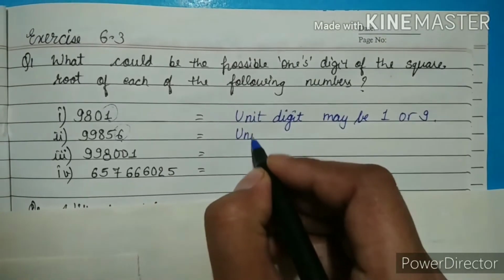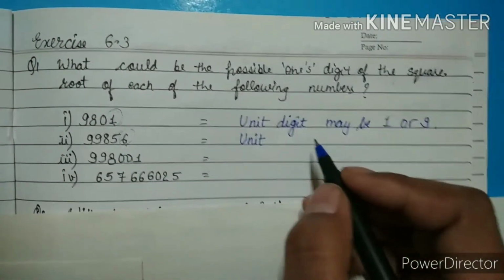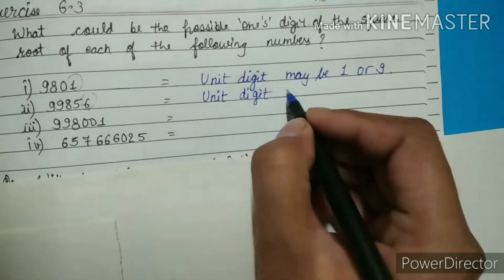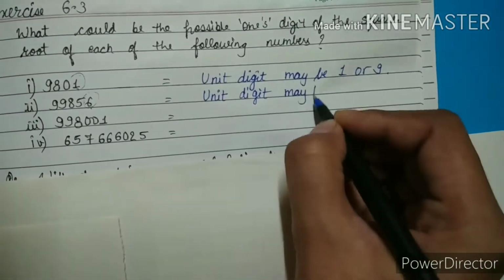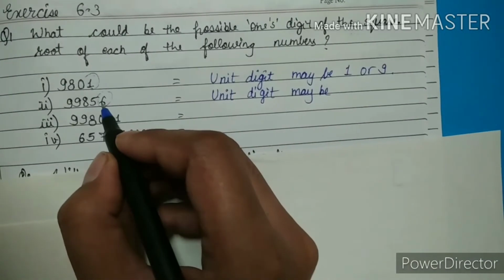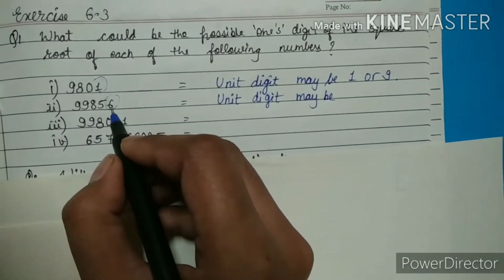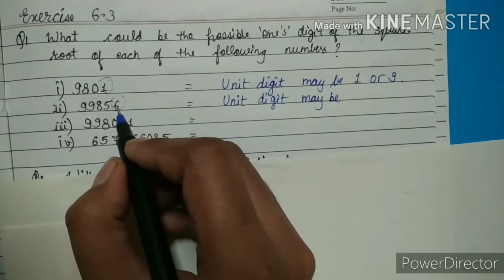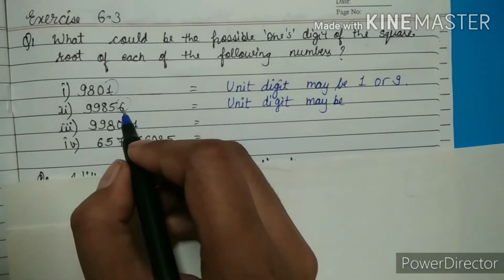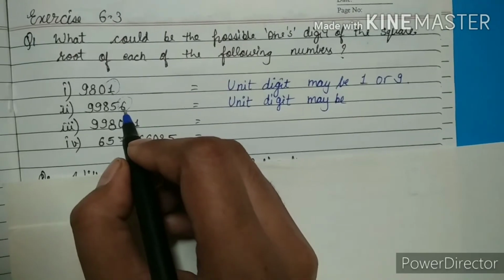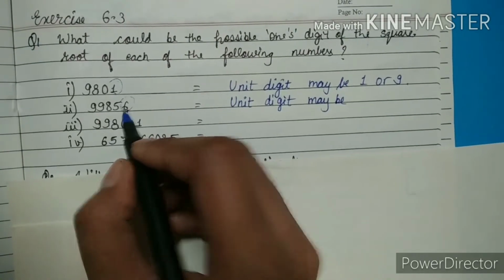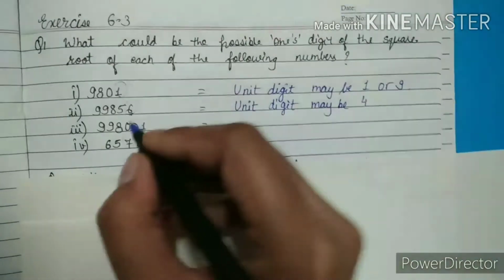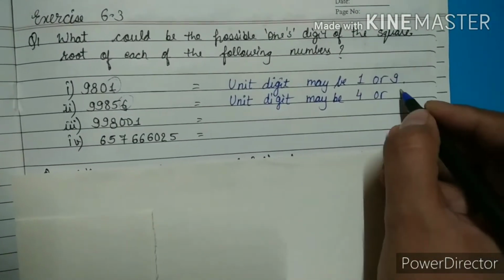When we take the square root of these numbers, their unit digit may be 6, coming from 36 or 16. Under root 36 value is 6 and under root 16 value is 4. In these cases we have 6, so 4 or 6.